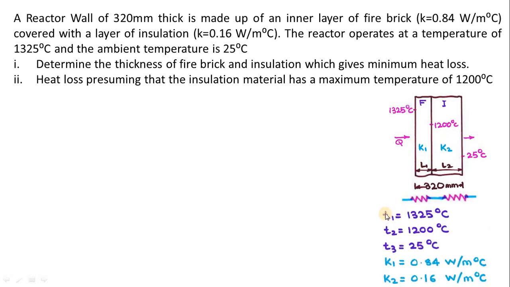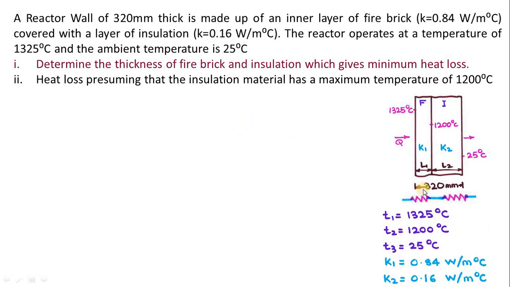Now see here, T1 is 1325, T2 is equal to 1200, T3 is 25 degrees Celsius, K1, the thermal conductivity of fire brick, is 0.84 and K2, the thermal conductivity of insulation, is 0.16.